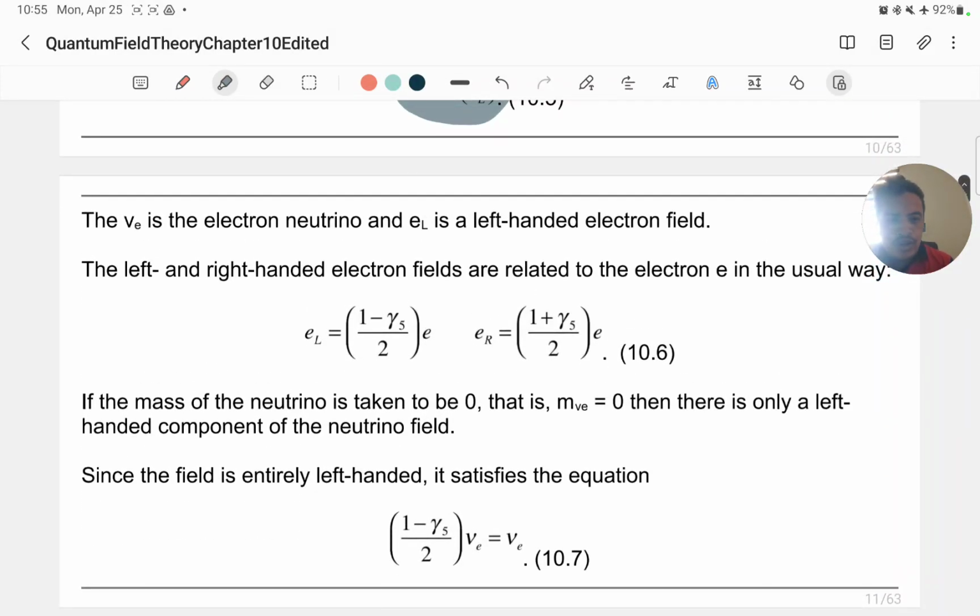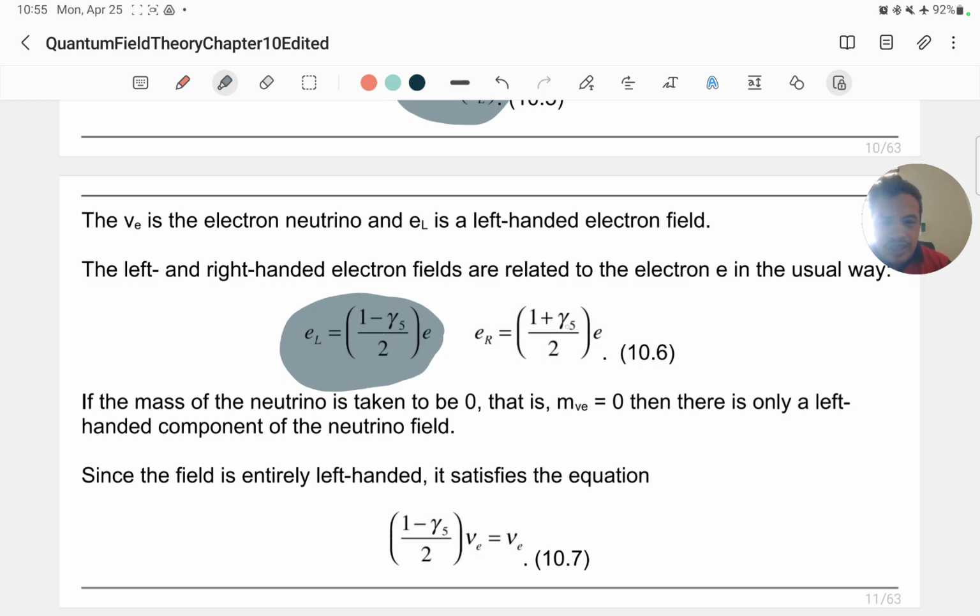Your left-handed electron fields are related in the way that we relate left-handed psi. You just have to multiply 1 minus gamma 5 divided by 2 to the electron field, and you will get the left-handed electron.